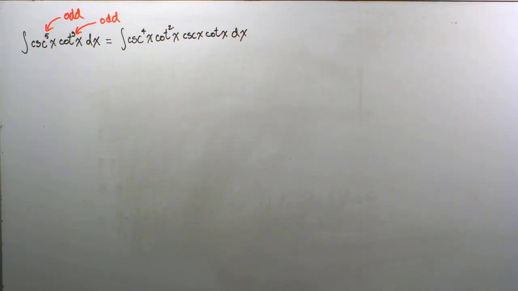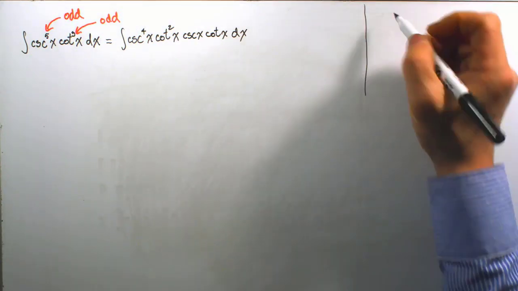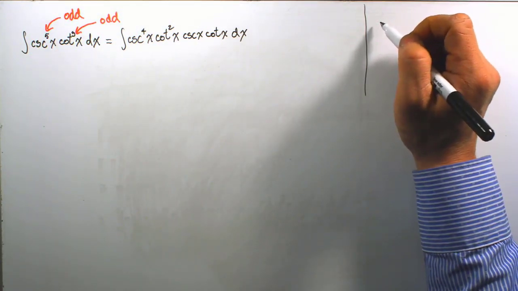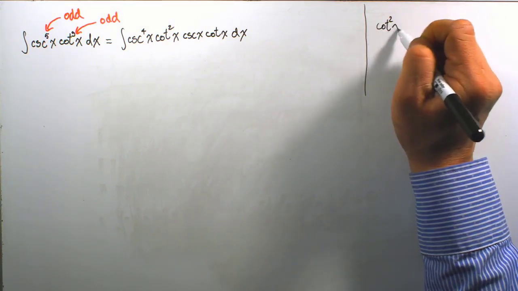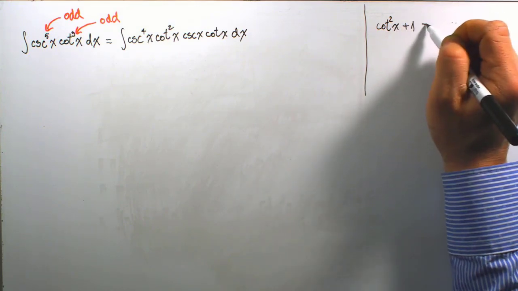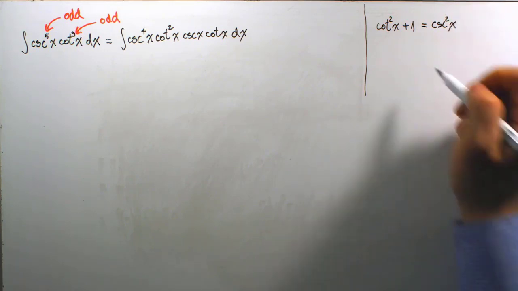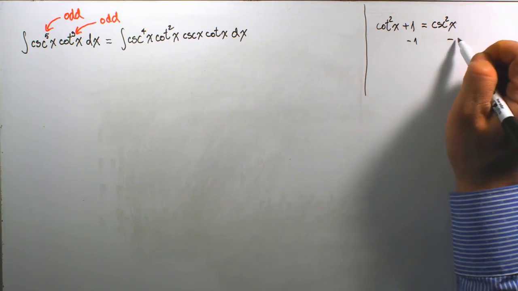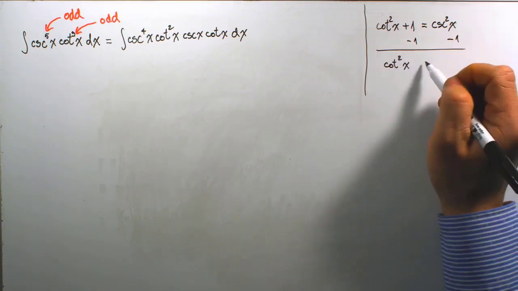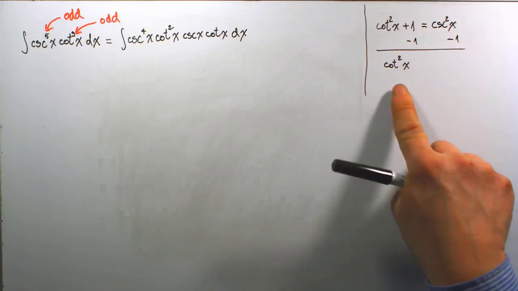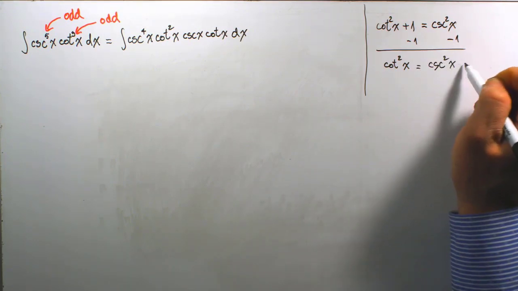From trigonometry, we know that cotangent squared of x plus 1 is equal to cosecant squared of x. Subtracting 1 from both sides, we get another identity as popular as this earlier one: cotangent squared of x equals cosecant squared of x minus 1.